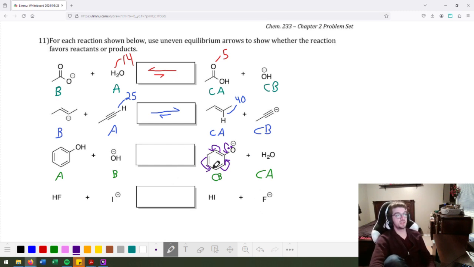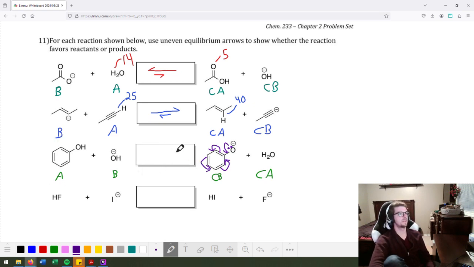So this is hugely resonance stabilized, and therefore it is going to be the more stable anion, and therefore it is going to be the weaker acid.